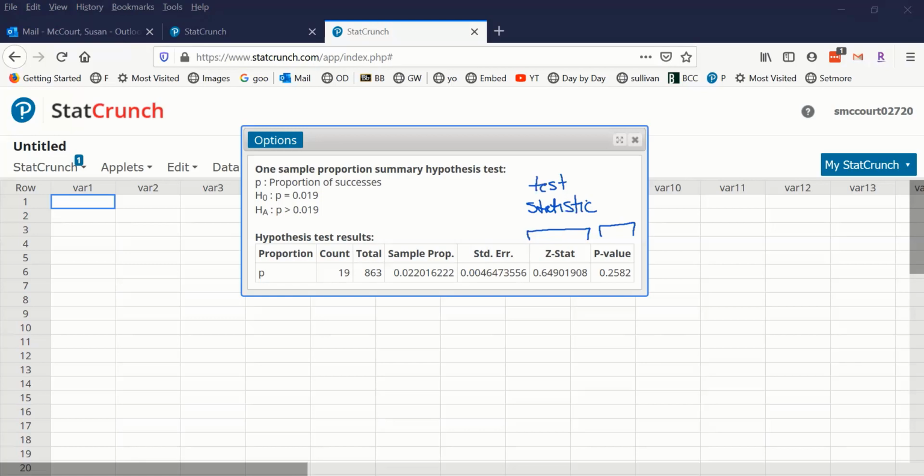Okay, so I'm going to go back to that. And I don't see the sheet. Okay, 1 second. There it is.